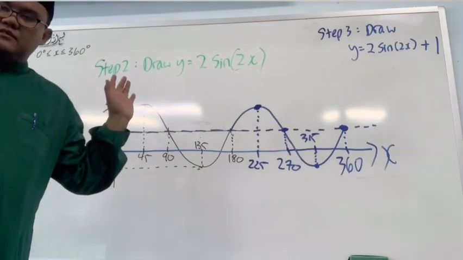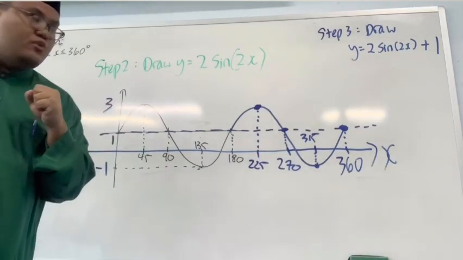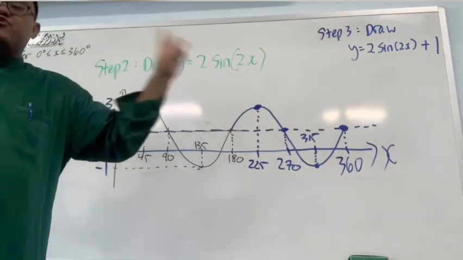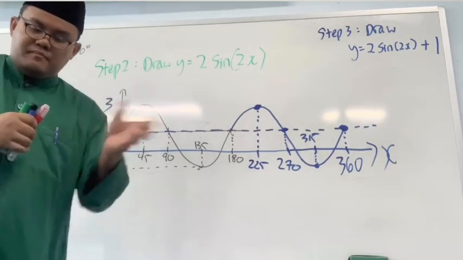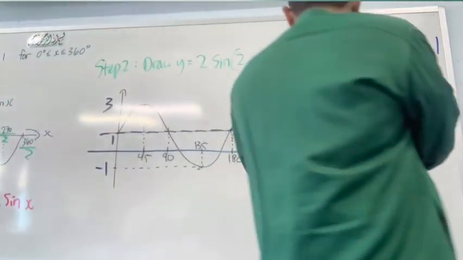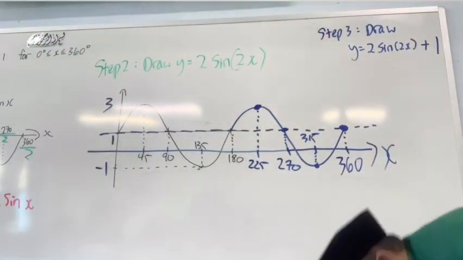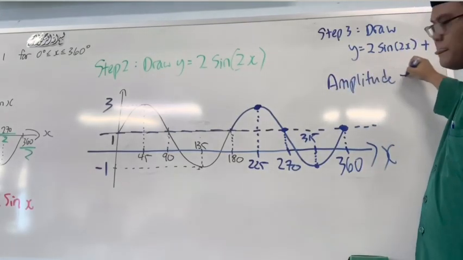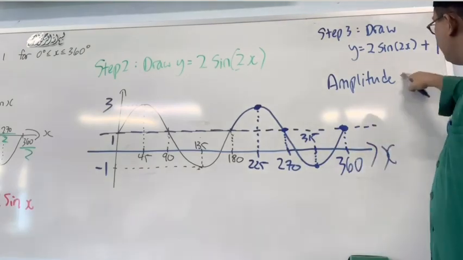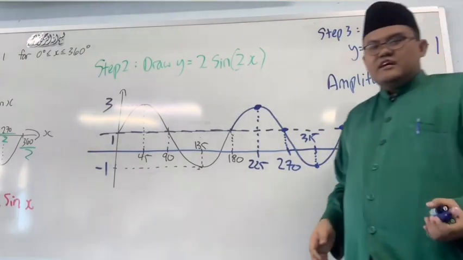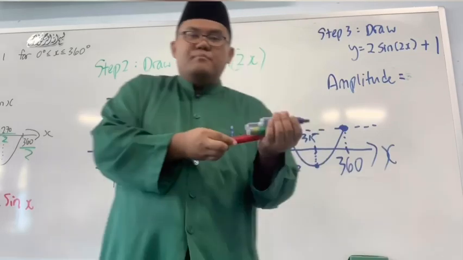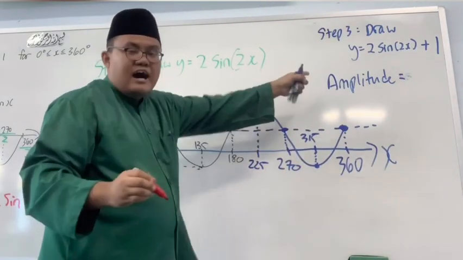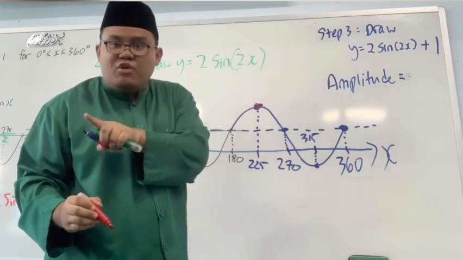Let us look at some of the properties of this wave, where we combine all the 3 transformations in one graph. The first thing to ask will be, what is the amplitude? Recall the definition of amplitude. Amplitude is the distance from the highest point to the axis of curve.